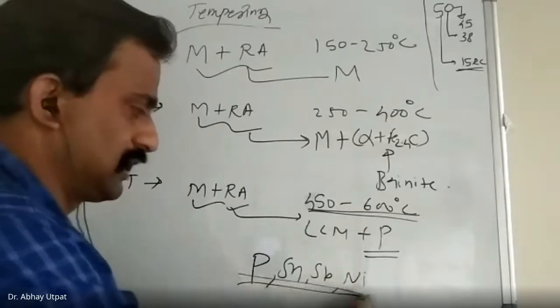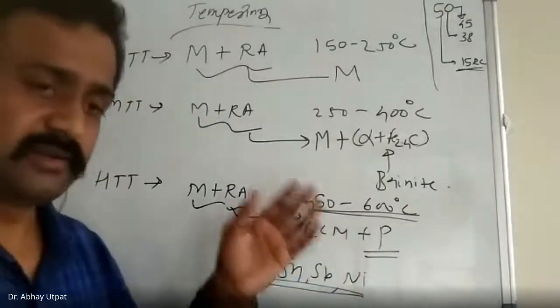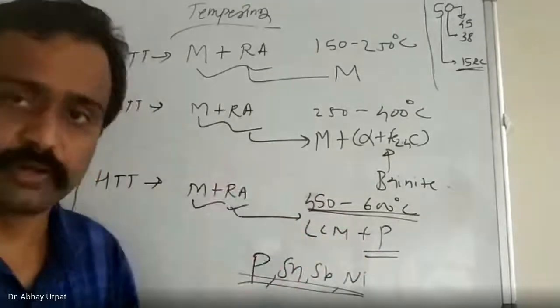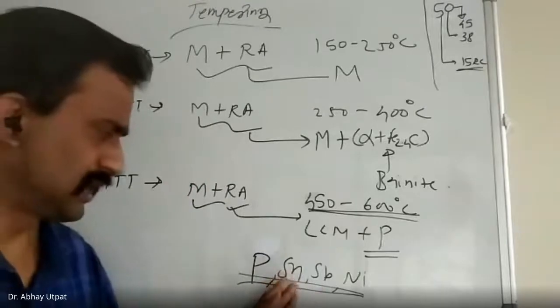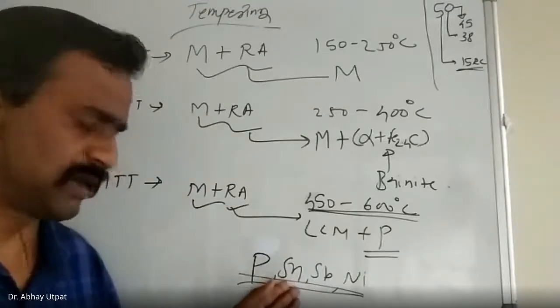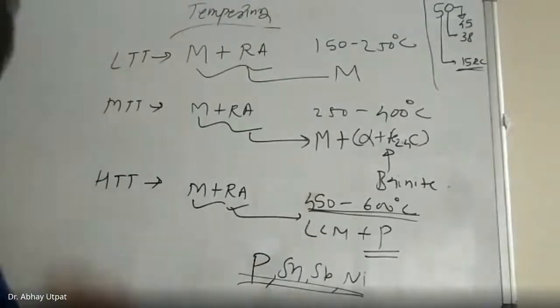So if your steel has these elements, you may see the reverse effect observed during tempering. Why? There are certain different reasons. These elements are resisting the improvement of toughness. Okay. Now how to eliminate?